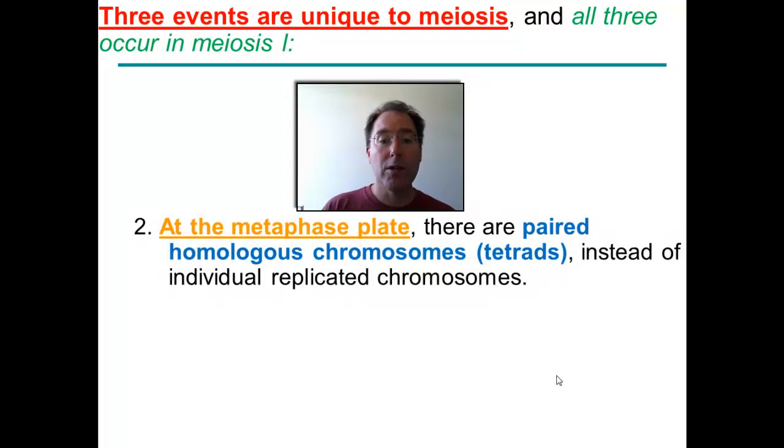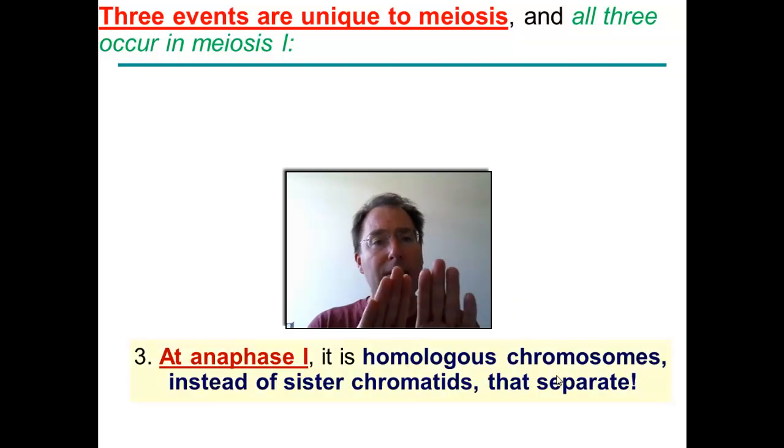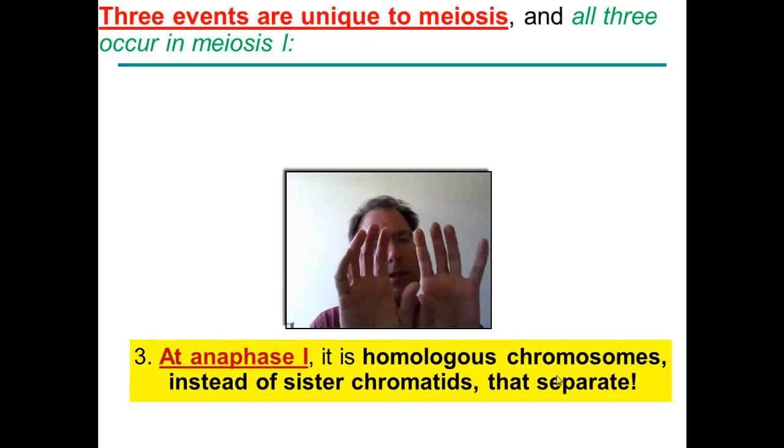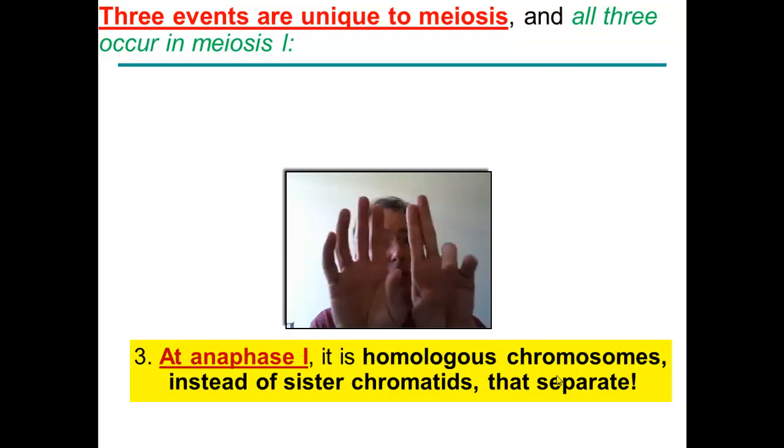You'll see number 2 is at the metaphase plate. There are paired homologous chromosomes instead of individual replicated chromosomes that are lining up in an independent assorted manner. And then in anaphase 1, the whole chromosome, this whole sister chromatid having homologous chromosome gets pulled over.